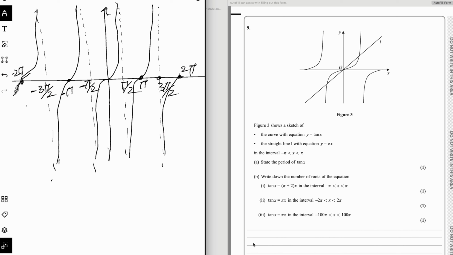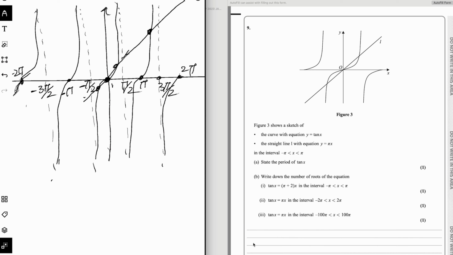Now from minus 2 pi, where the curve and this line intersect: three places, 1, 2, 3. Then if you extend the line, it will intersect here, 4.